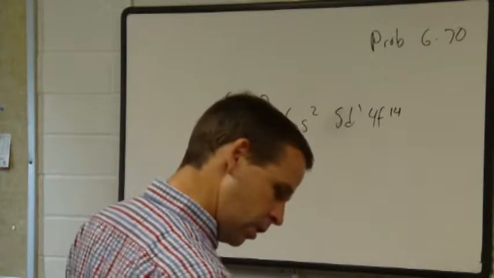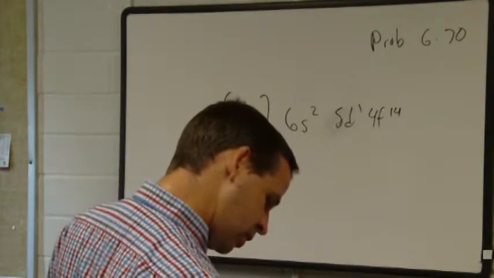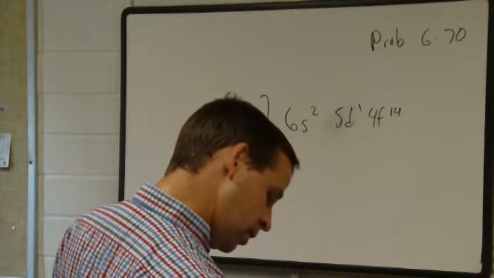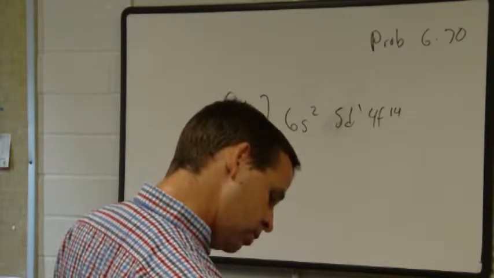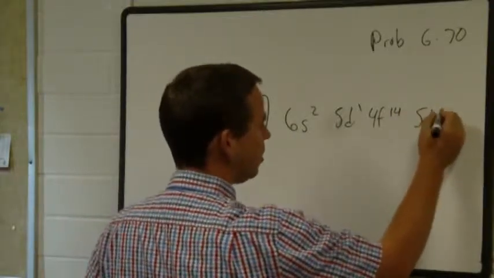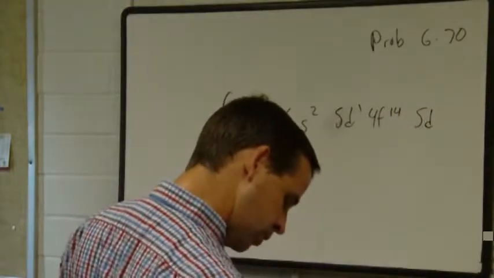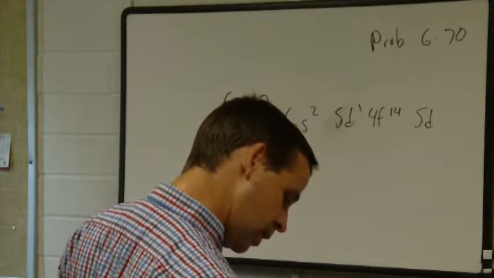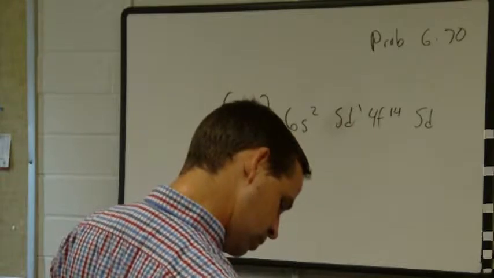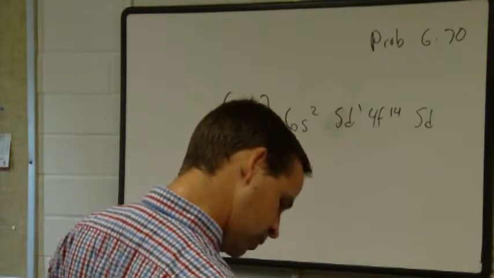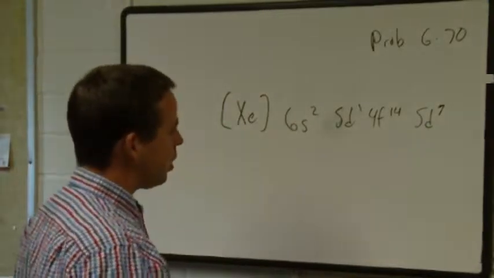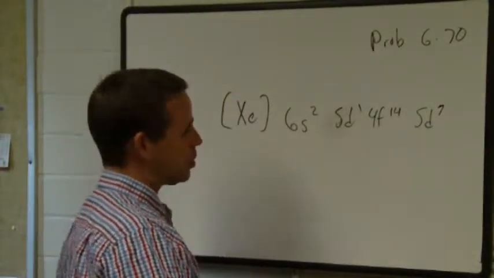And after 71 comes 72, which is our 5d again, 5d, 72 to 79. So it's 5d, 72, 73, 74, 75, 76, 78, 79, 8. Does that make sense? 1, 2, 3, 4, 5, 6, 7. No, 7. 5d7.